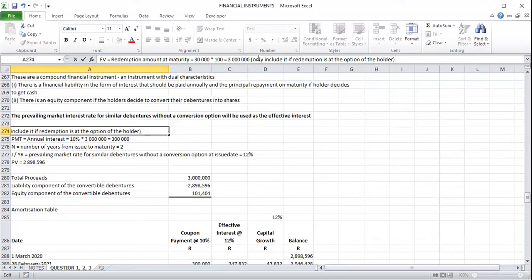The option can be with the company, or the shares can be automatically converted. Now, as long as they are automatically converted, or the option is with the company, then in that case, the FV is not included. We don't include the FV in that case. Any questions?